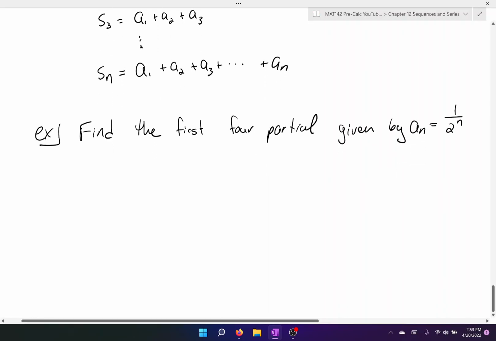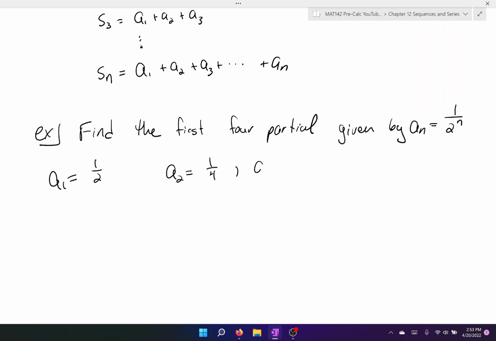All right? So a1 is going to equal 1/2. a2 is going to be 1/4. a3 is going to be 1 over, what is that, 2 to the third, which is going to be 8. a4 is going to be 1 over 2 to the fourth, which is 16. So here are the first four numbers in my sequence.